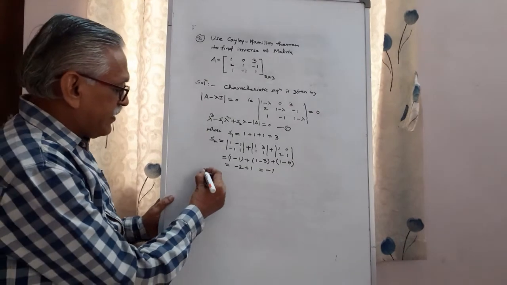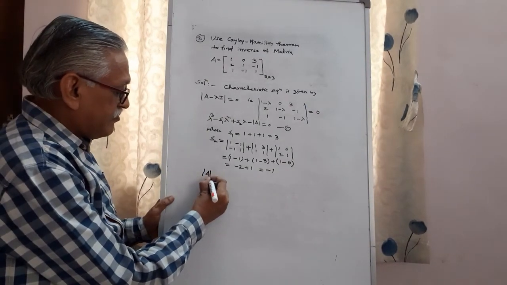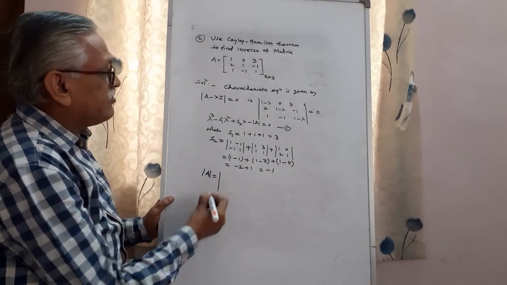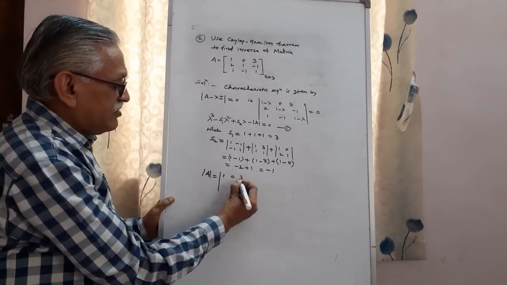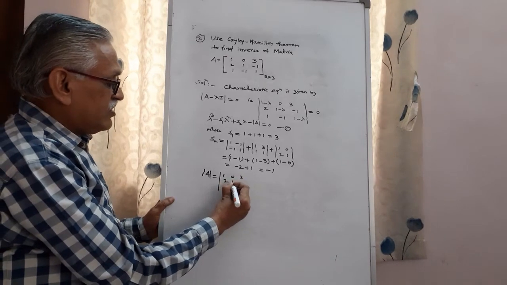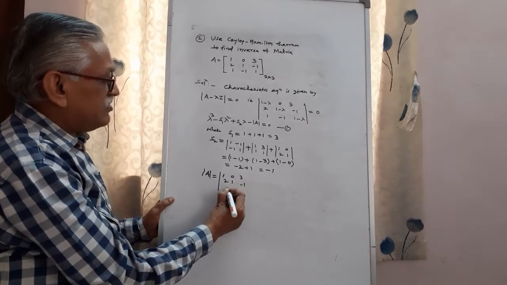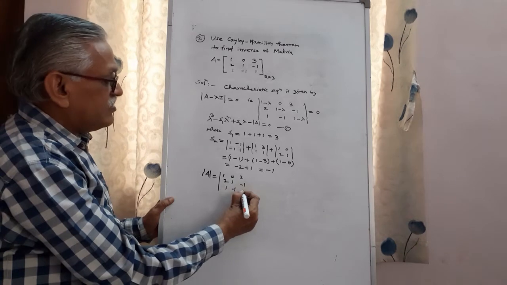Then determinant of A. Determinant of A means the determinant of this matrix, whose elements are 1 0 3, 2 1 minus 1, 1 minus 1 1.